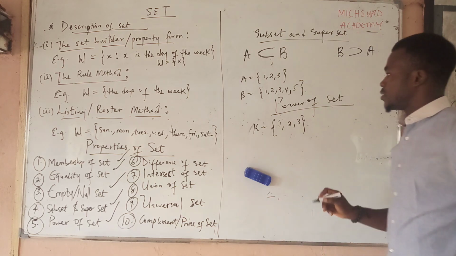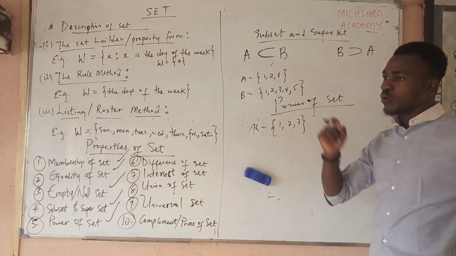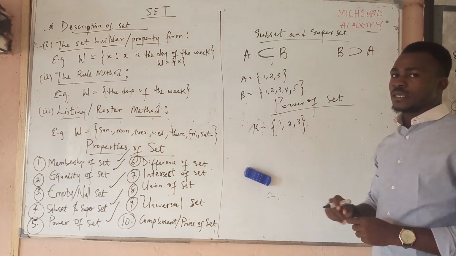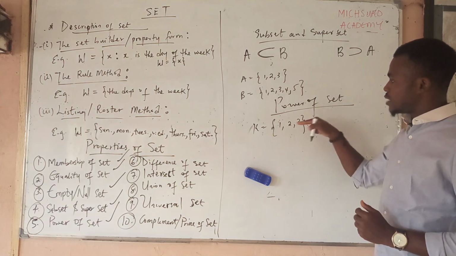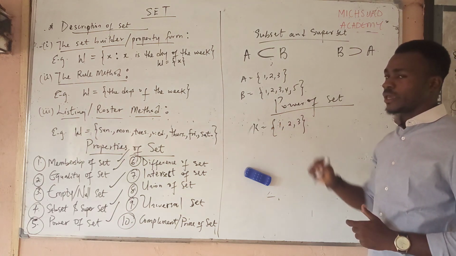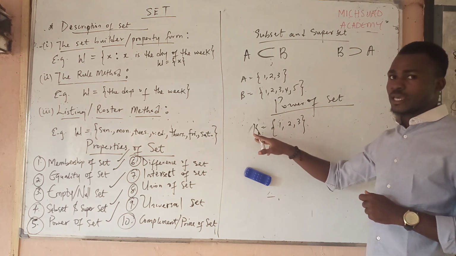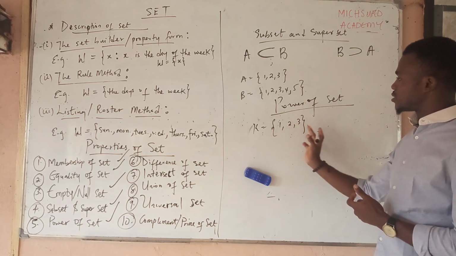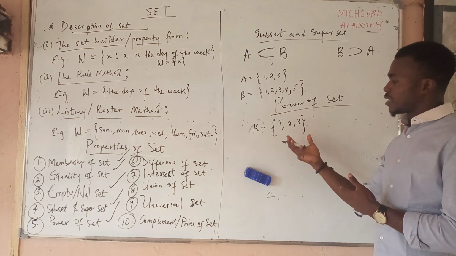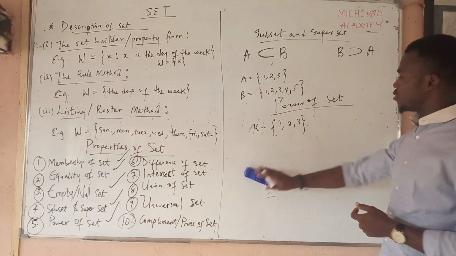Okay. Now the power of the set is the number of subsets found in K. Okay. So we say that is the power of set K.